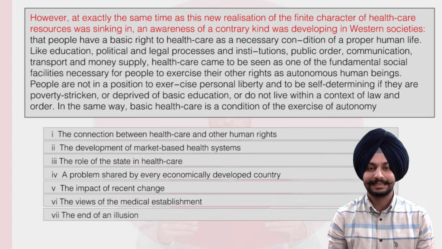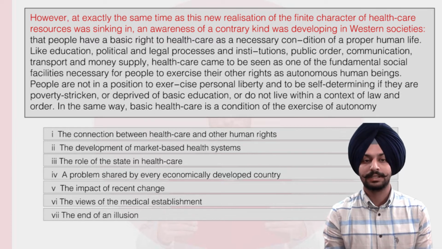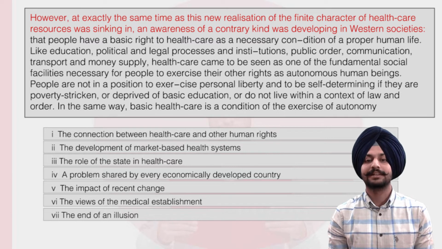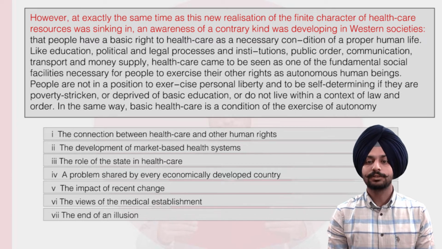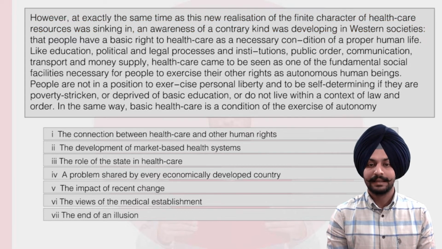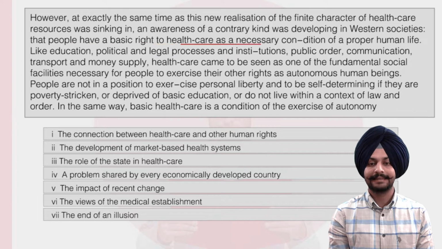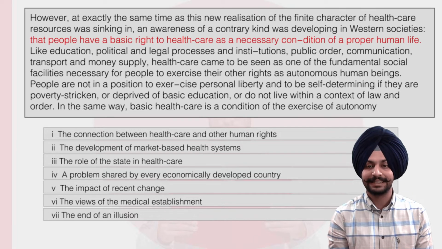So in these three lines, they are saying that when there was a new realization that healthcare resources are finite, there was something contrary, something opposite, in Western societies. What was that? That people have a basic right to health care as a necessary condition of proper human life. So they say that health care is a necessary condition to live a proper human life.